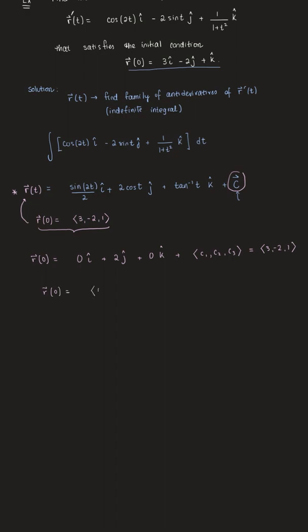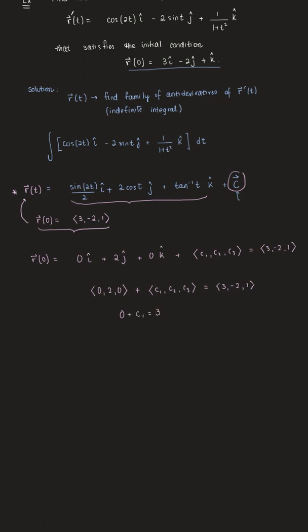So we have the vector 0, 2, 0 plus this constant vector that's composed of 3 scalars, c1, c2, c3. That must be equal to r of 0, which has components 3, negative 2, 1. This 0, 2, 0 comes from evaluating our antiderivative function with t equal to 0. Now, attending to the x components of our vectors, 0 plus c1 must be equal to 3.